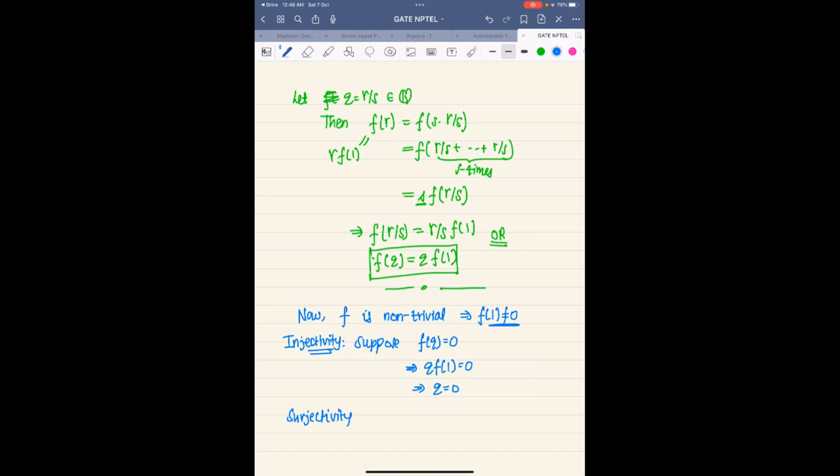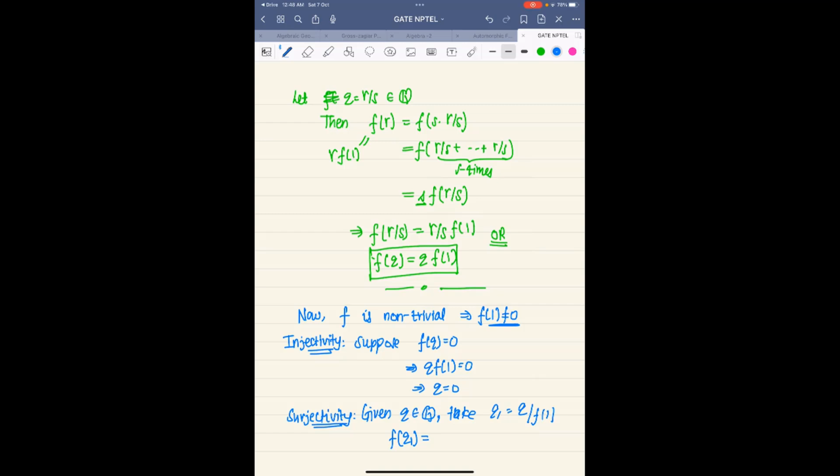Surjectivity. Given q belonging to Q, take q1 equal to q by f of 1. Now we evaluate f of q1.